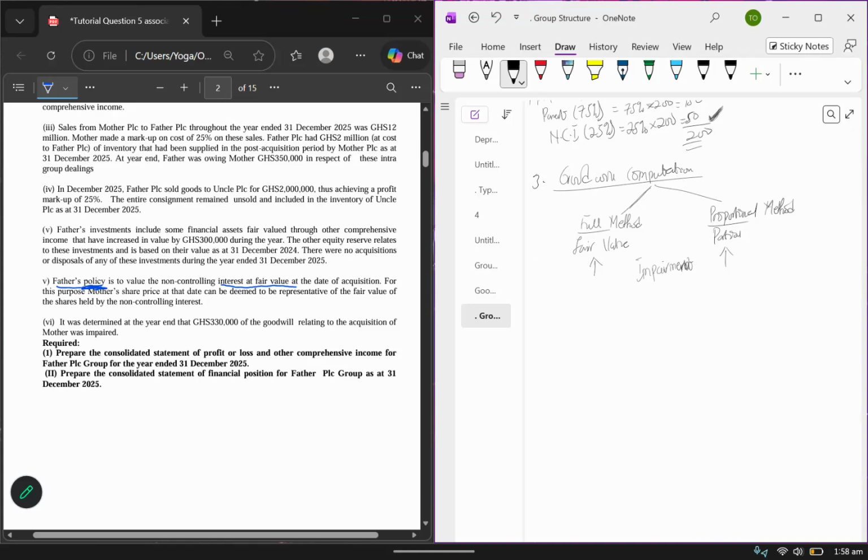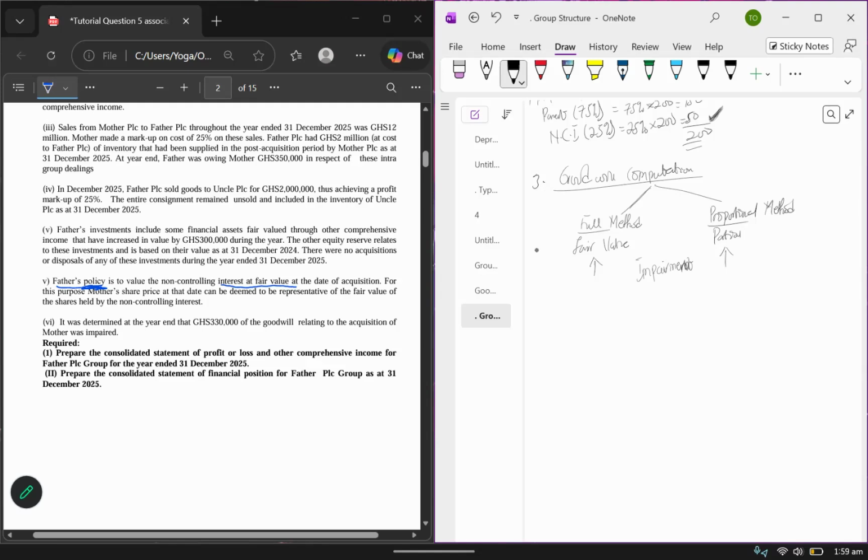Okay, so the full method is saying that the impairment will be shared between non-controlling interests and the group retained earnings. But the proportional method is saying that the NCI is not supposed to have a portion of the impairment. In that case, you carry all the impairment and give it to the parents or the group. That's you send it to the group retained earnings.